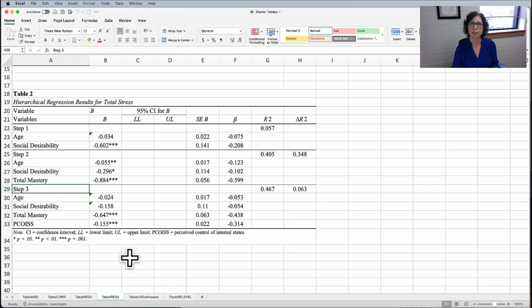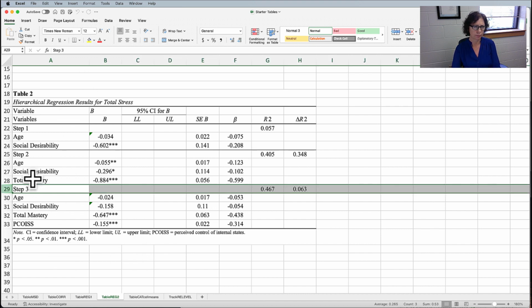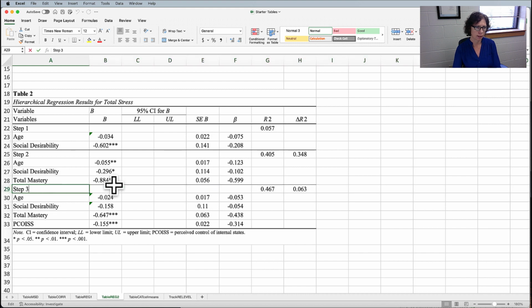Likely you're going to have 3 steps in the homework, so it's something you want to keep in mind here. So I don't need step 3 because we actually added both age and social desirability and mastery in psychosis all in step 2. So what I can do here is just do step 2.